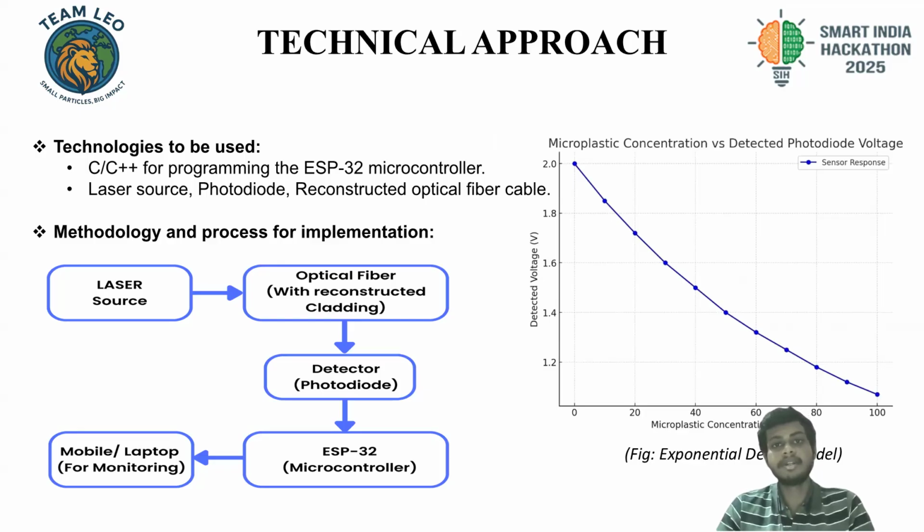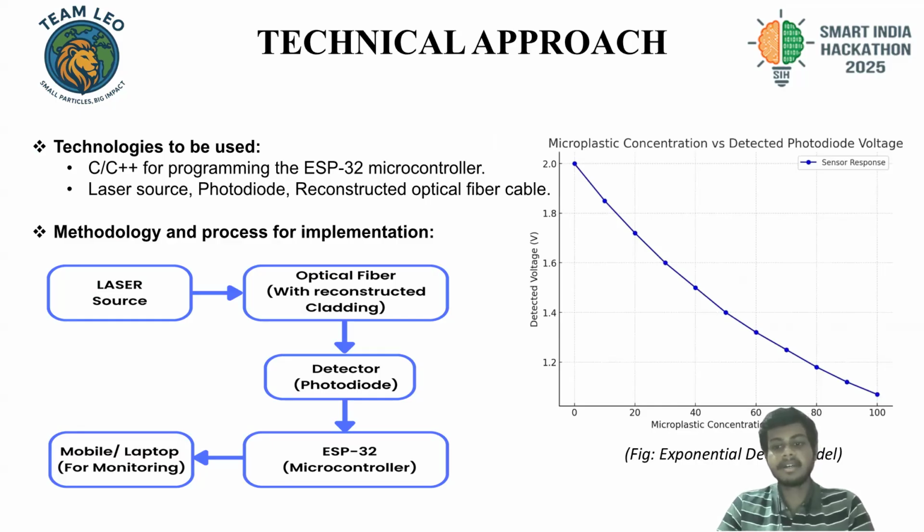And we use an ESP32 microcontroller, and since it has a Bluetooth module, we can have real-time monitoring. The output of the photodiode is connected to the ESP32 microcontroller, and it is programmed accordingly for real-time monitoring purposes.